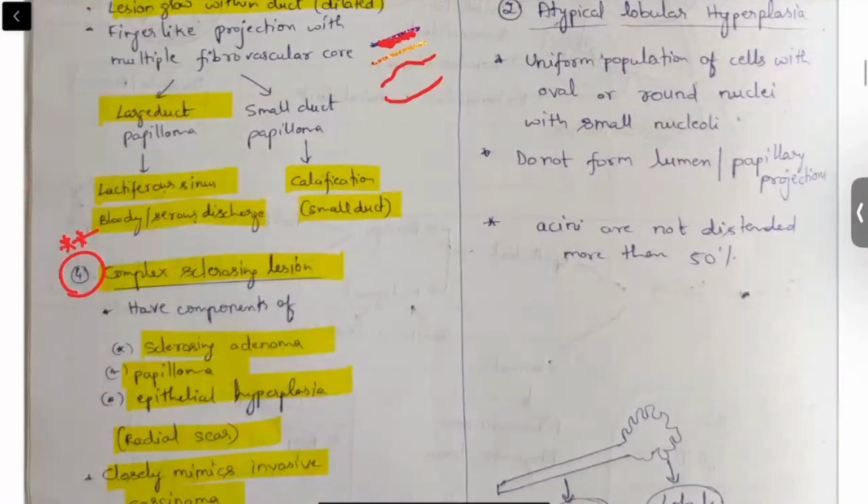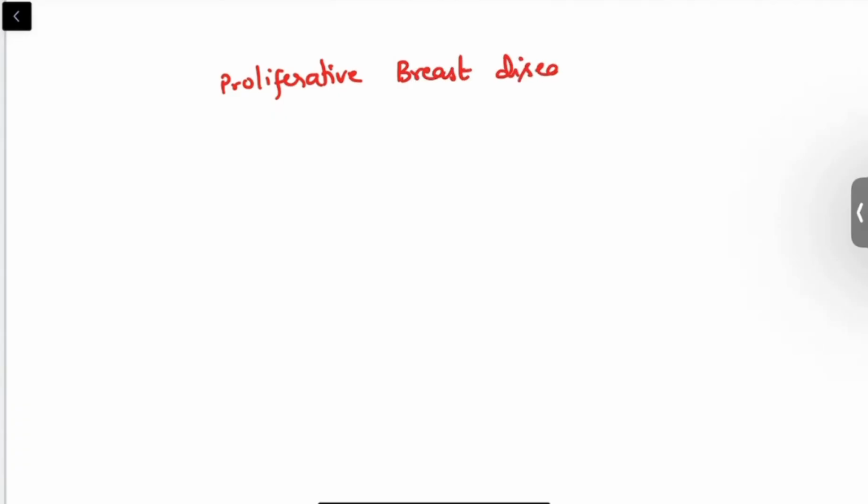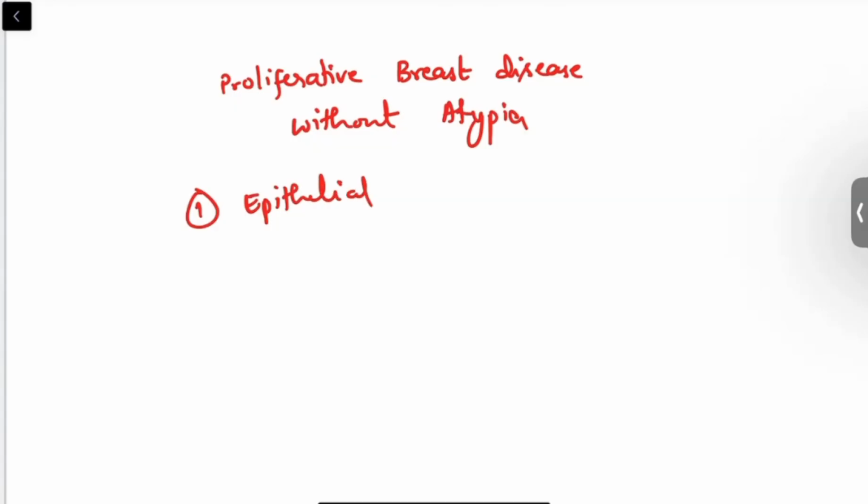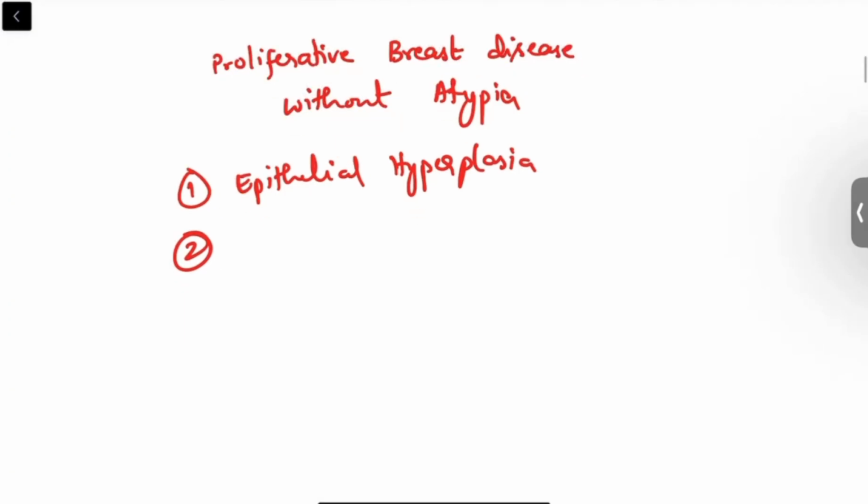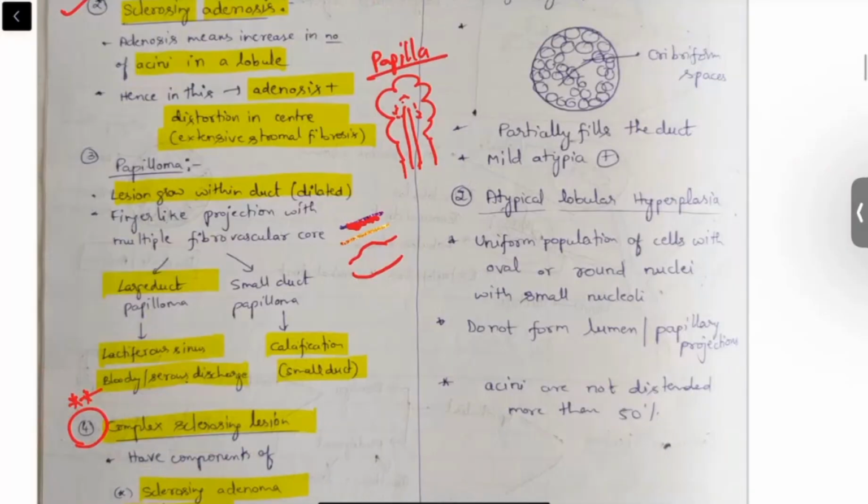Now we have dealt with the 5 main diseases, which are proliferative breast disease without atypia. Just a quick revision. First one we discussed was epithelial hyperplasia. Second one, sclerosing adenosis.